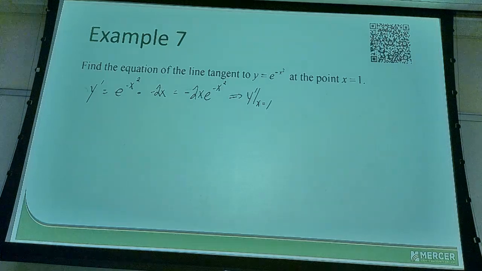Okay, when x is equal to 1, what is e to the minus 1? 1 over e. So we get a slope of 2 over e. What is y at x equals 1?